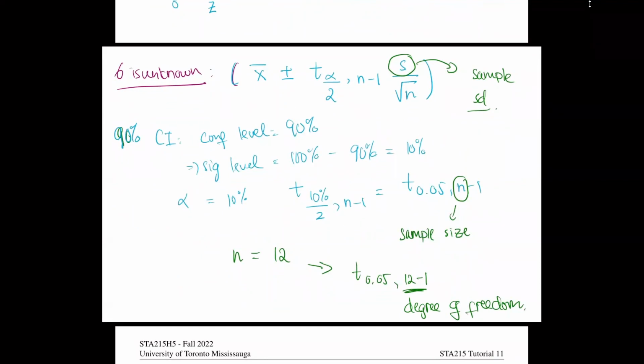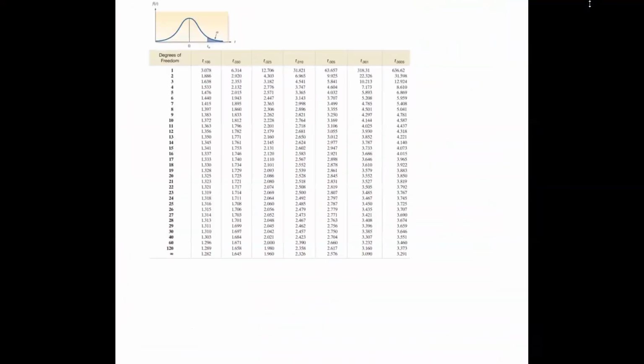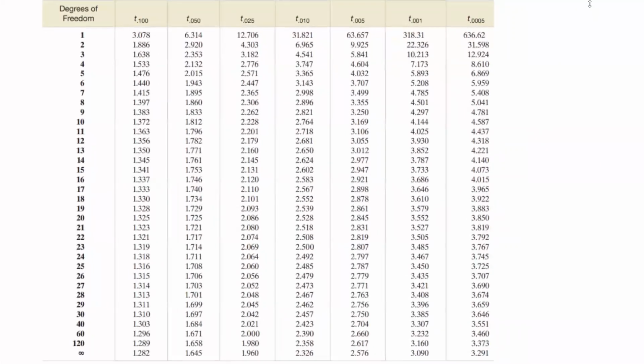Okay. Then now we want to find what is t at 0.05 with degree of freedom equal to 11. Then you will have to look at the t table, this one. Degree of freedom is 11, so I want this row, and I want t at 0.05, right? So it is the second column, this one.